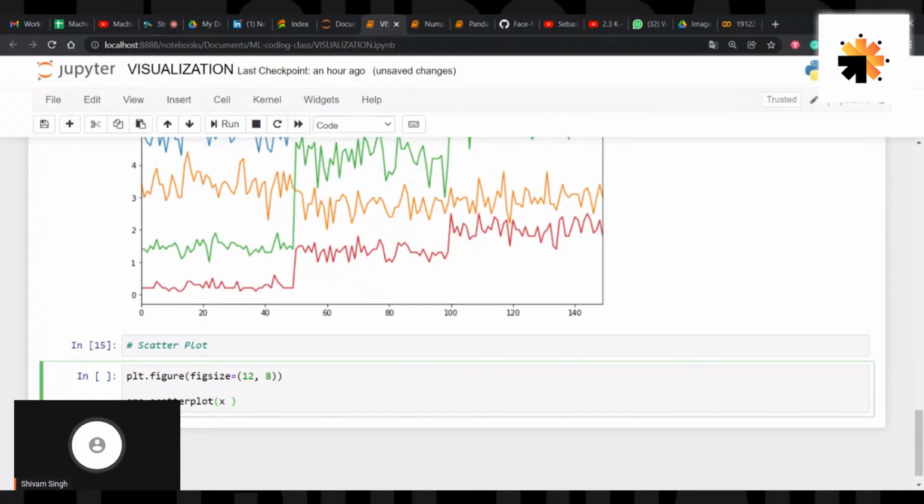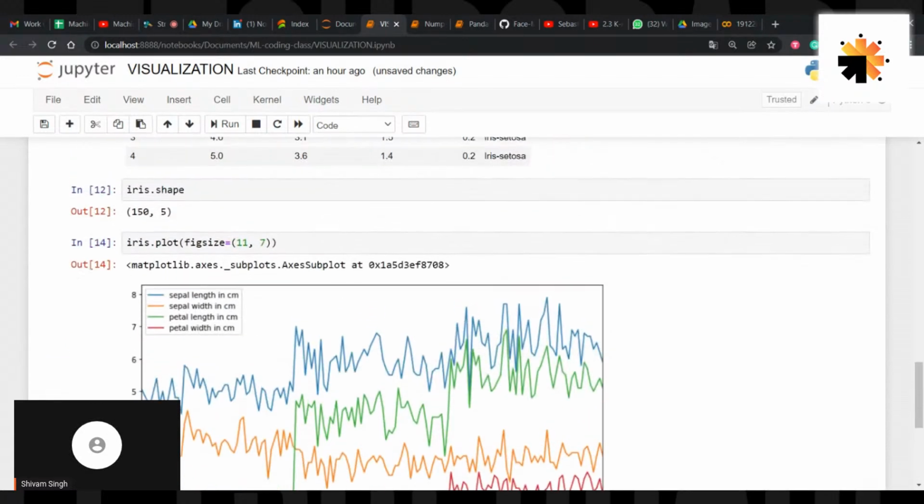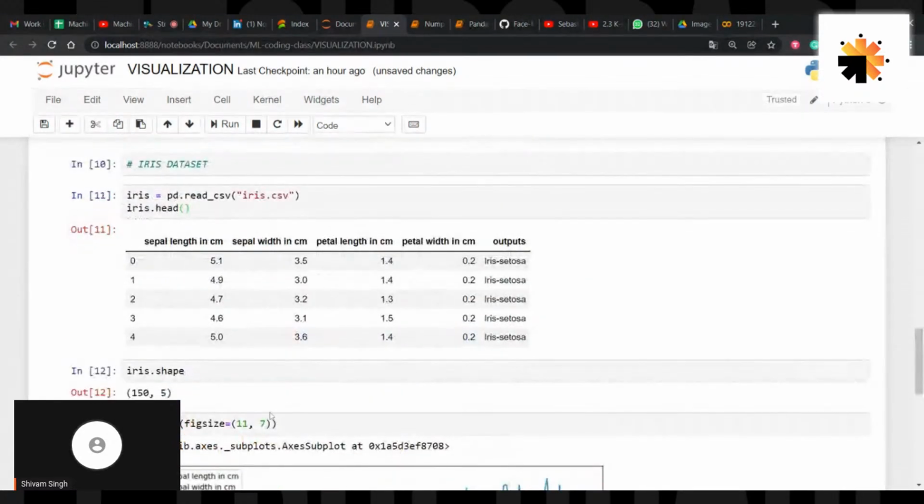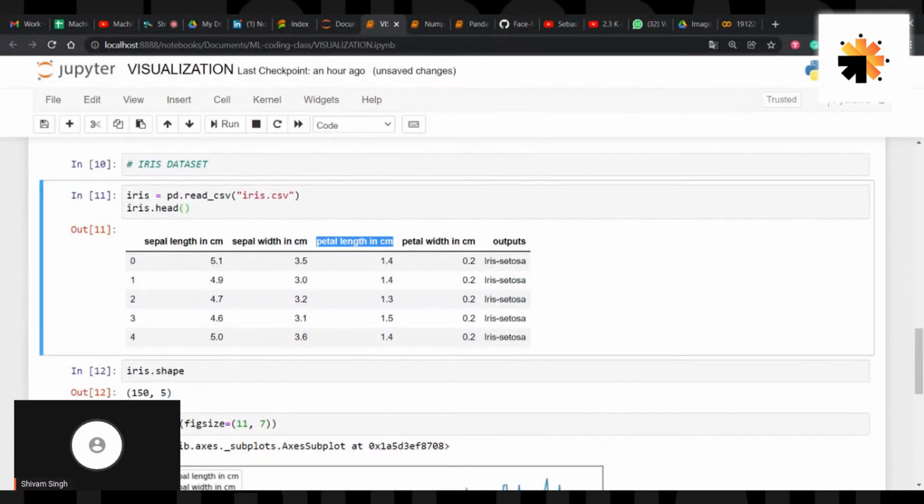You can only take two variables. On the x-axis I can put petal length, because I'm pretty sure from the line plot that petal length is maybe the most important feature.